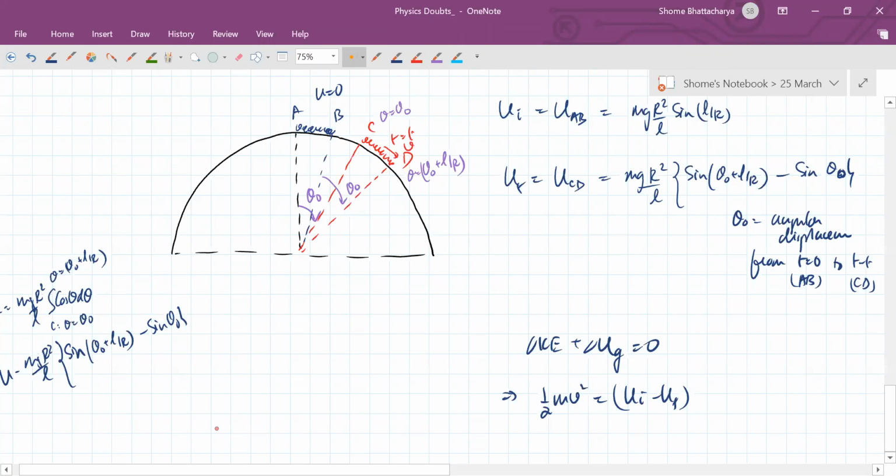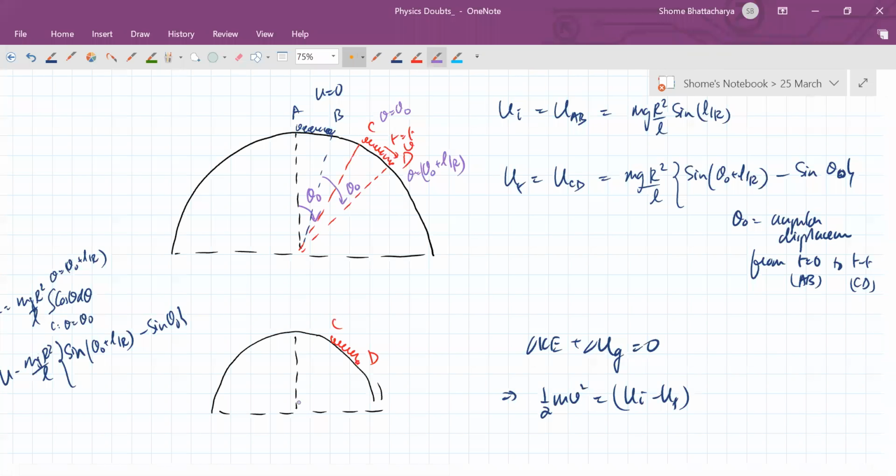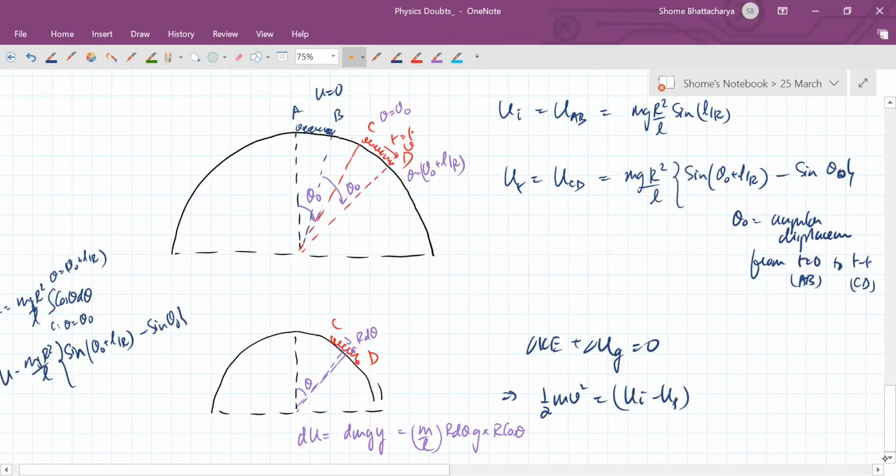See Shikhar, when your chain is at the position CD, for the potential energy, you were integrating this quantity, no? This quantity was being integrated.